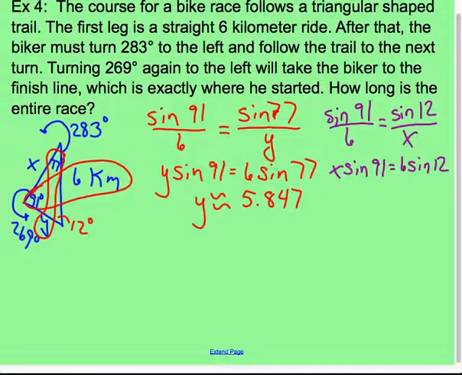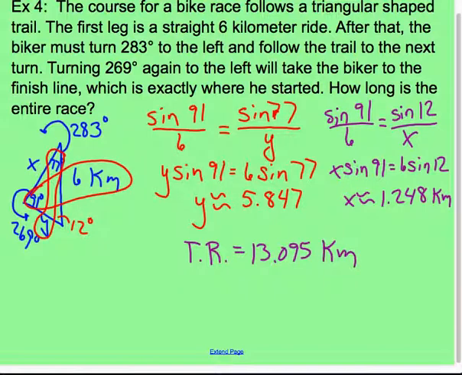And then dividing by the sine of 91 again. The last leg of the race was about 1.248 kilometers for a total of, so the total race was about 13.095 kilometers, adding up all three sides.